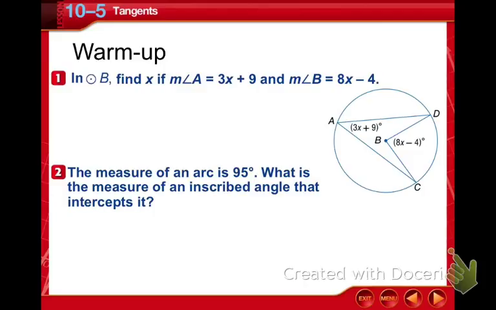So we're going to double that to make it equal to CD. So we're going to do 2 times 3x plus 9. And that 8x minus 1 is a central angle. Central angles are congruent to the arcs, so that means we can set this equal to 8x minus 4.